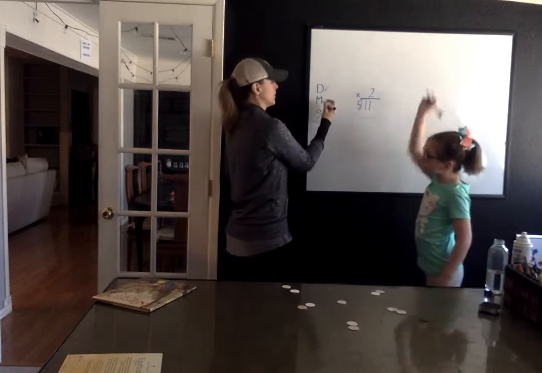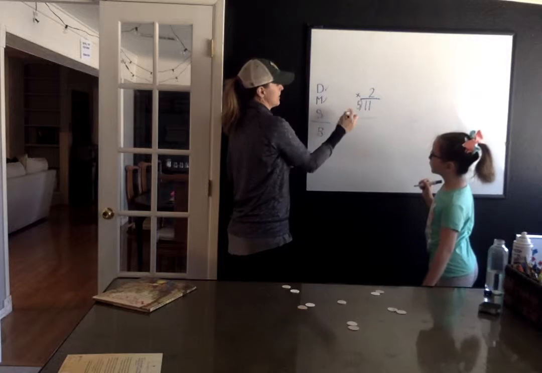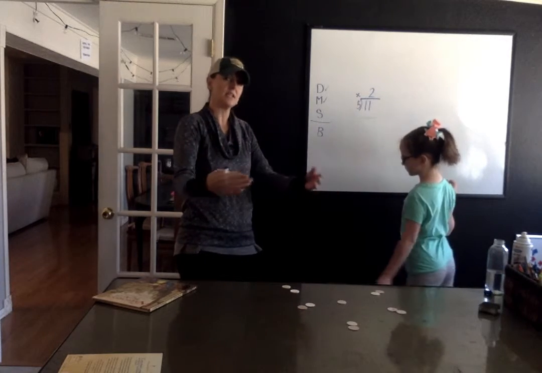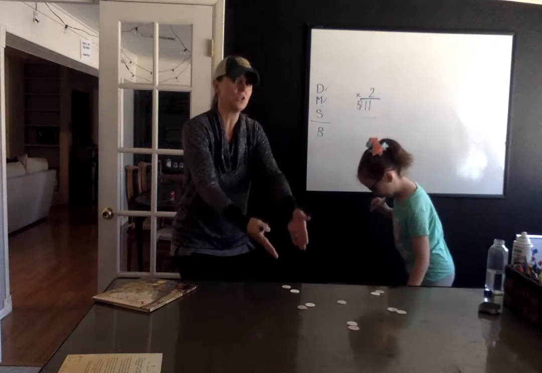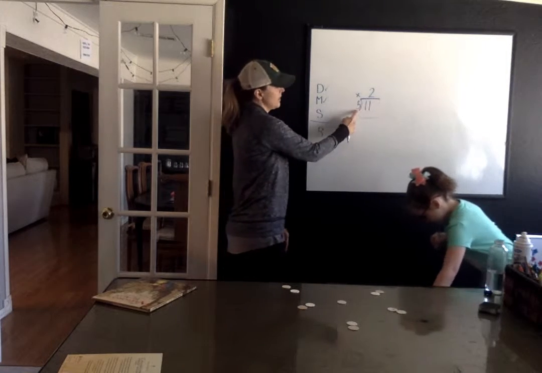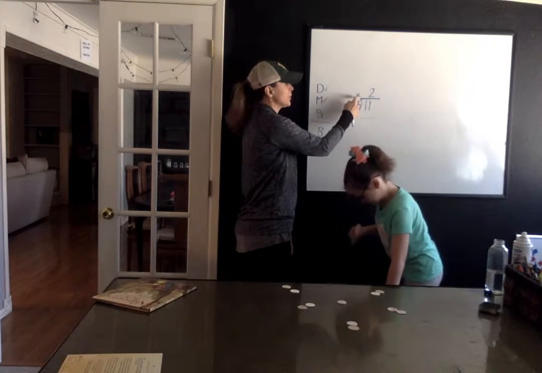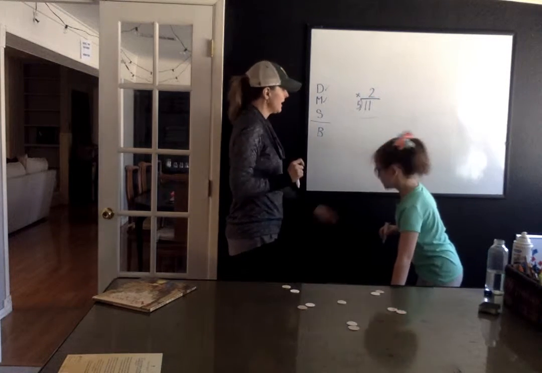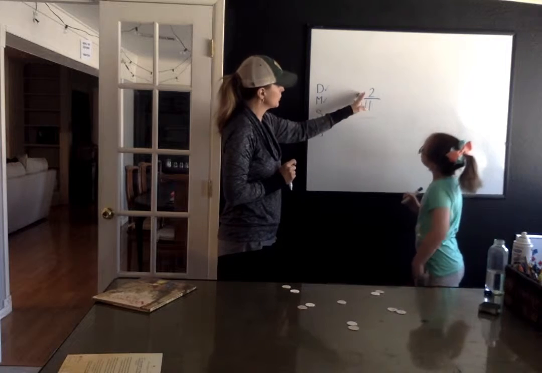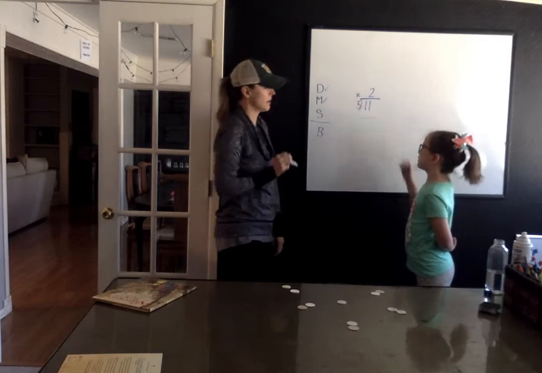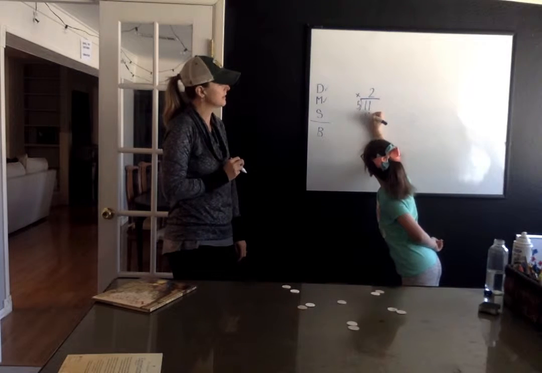So that's the multiply step. So we're going to go ahead and write down how many of these coins we actually used when we divided them into 5 groups of 2. So Ada, how many are 5 groups of 2? 10. Okay, so write 10 right there below the 11.